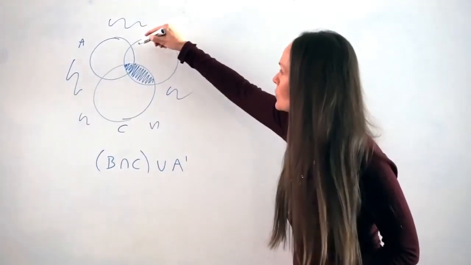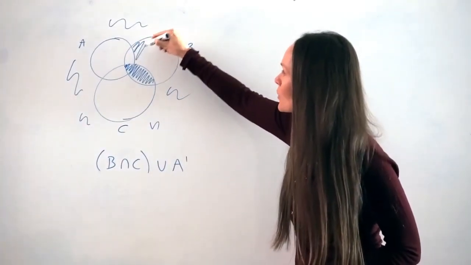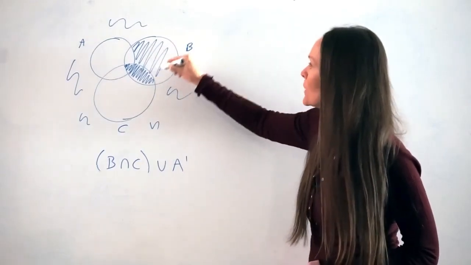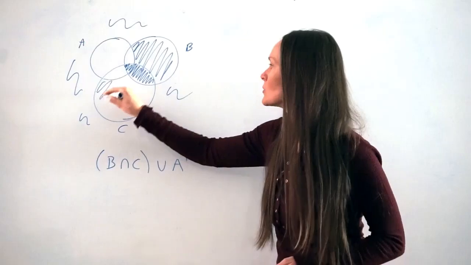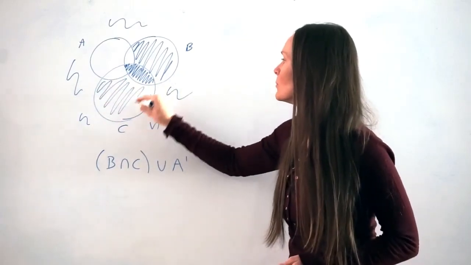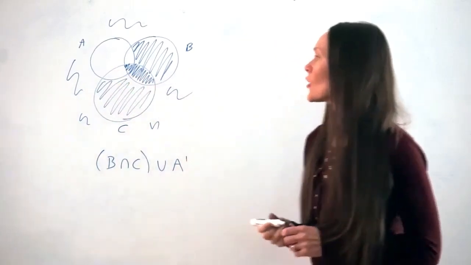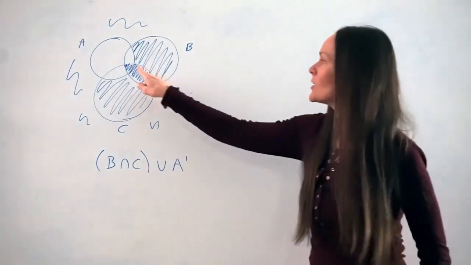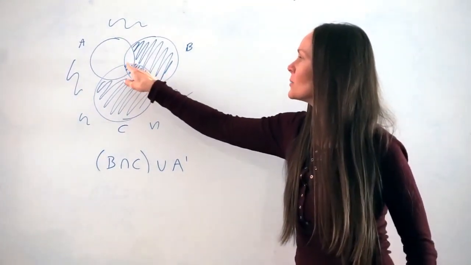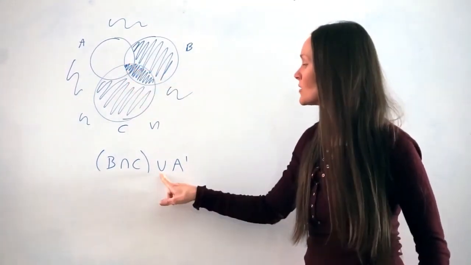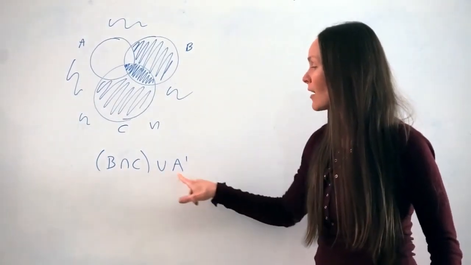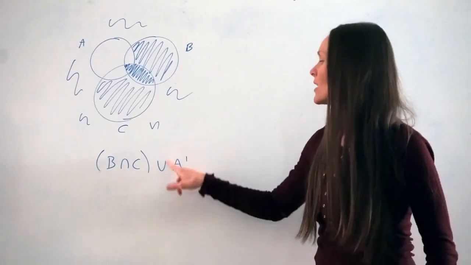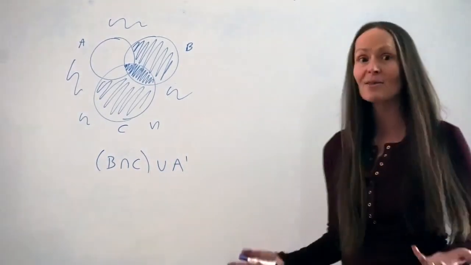And then you could also shade everything in circle B, but not this overlap here with A, and everything in circle C, but not this overlap with A. Okay, so it doesn't matter that we shaded this part in A at the beginning, okay, because it was union. Okay, so you can do that part first, regardless of what this part says, and then afterwards you can shade everything that's outside set A.